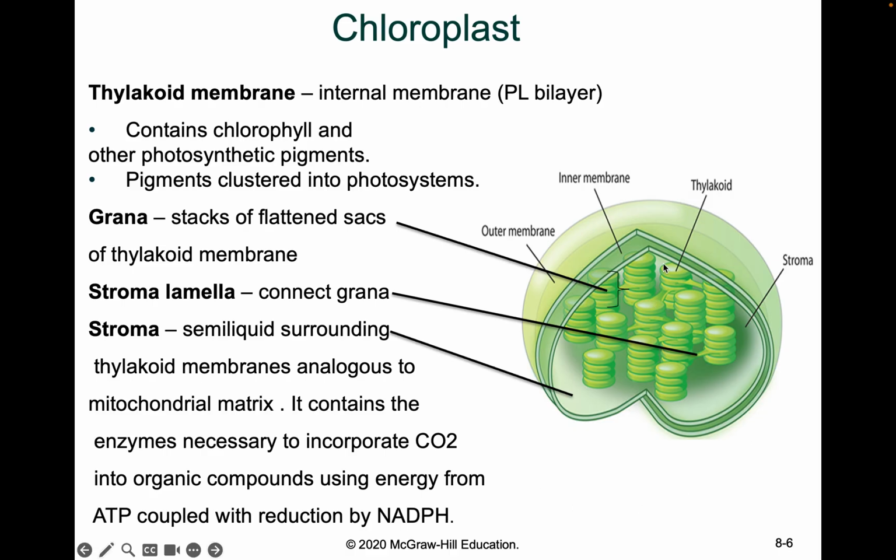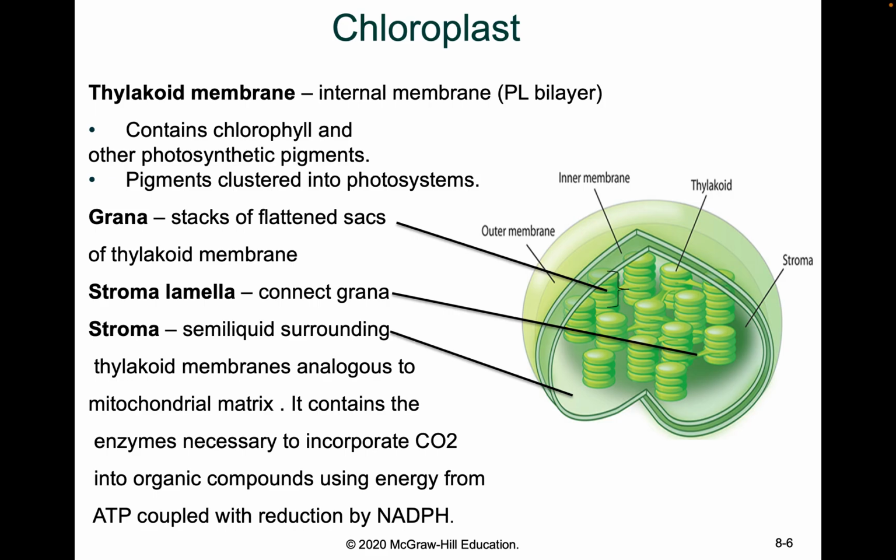The thylakoid membrane is a phospholipid bilayer, similar to a cell membrane. There you contain certain objects that we call pigments, these photosynthetic pigments. We're going to go into a lot of detail about these molecules. They are able to capture light and convert that light into energy.